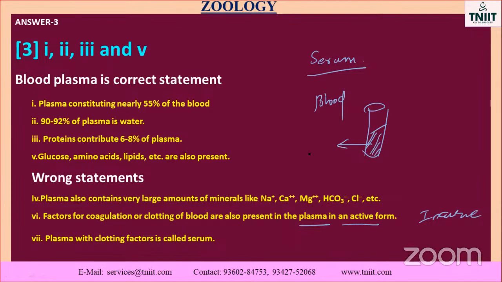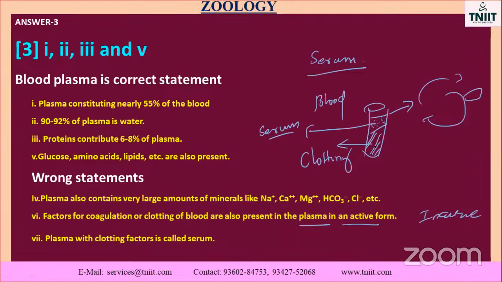Blood undergoes the clotting process. After the clotting process, it is kept under the centrifugation process. You know there is a rotator. You keep it in this spot. What happens? You will obtain a yellow clear fluid. After the clotting process, you will get the yellow color fluid that is called a serum.